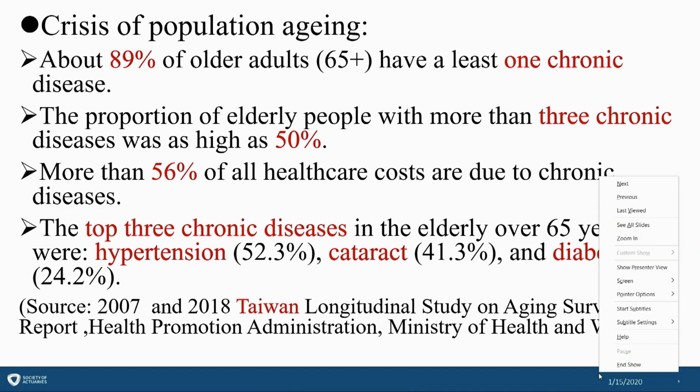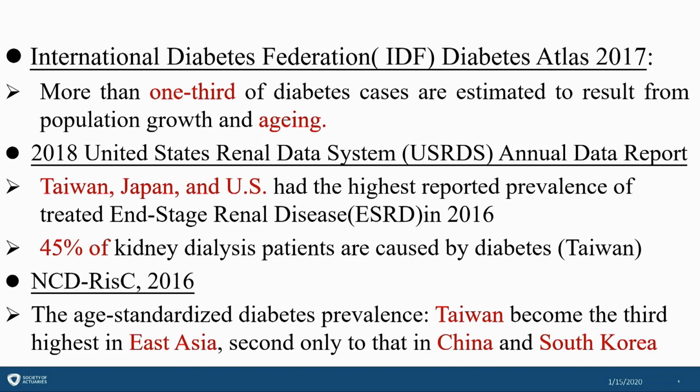So we can also see the IDF Diabetes Atlas 2017. More than 1/3 of diabetes cases result from aging and population growth. The 2018 USRDS annual data report also shows that Taiwan, Japan, and the United States had the highest reported prevalence of treated ESRD in 2016.